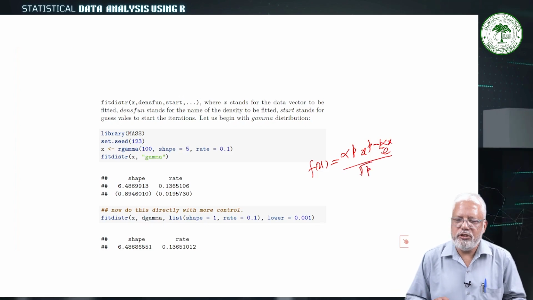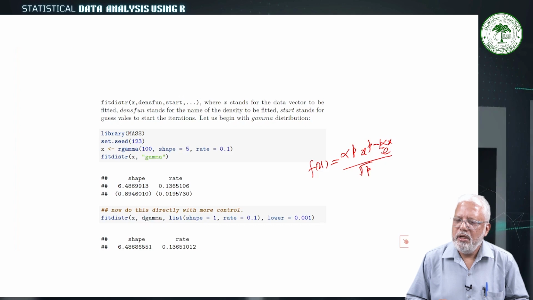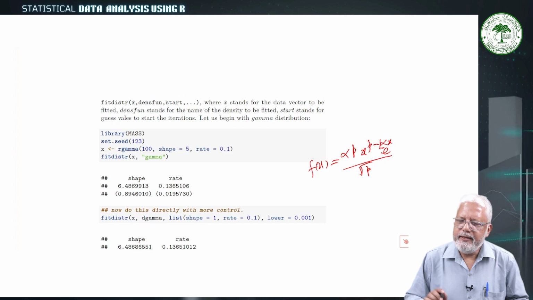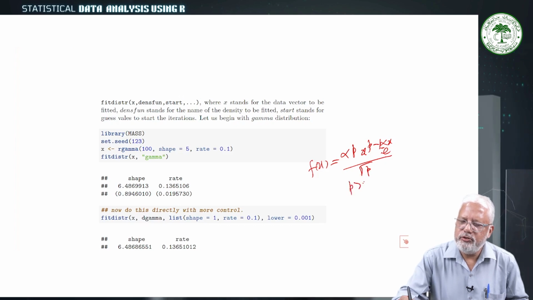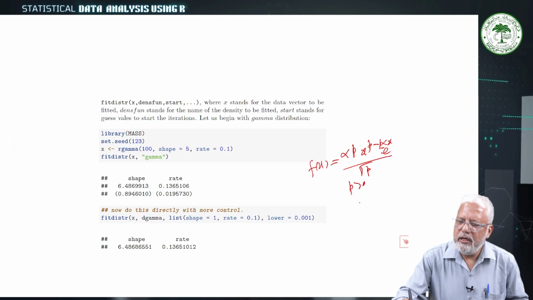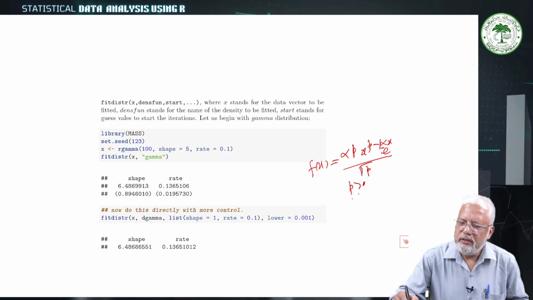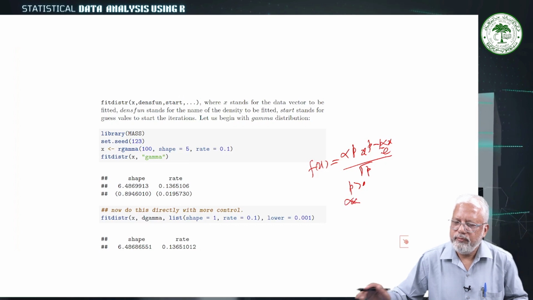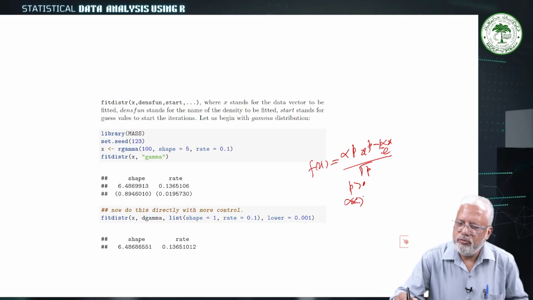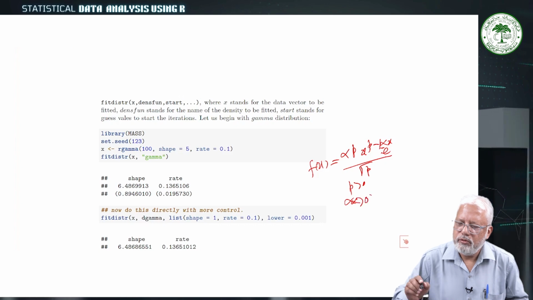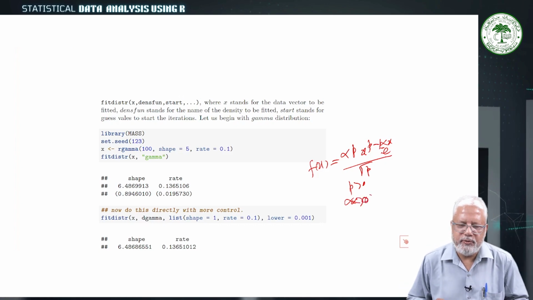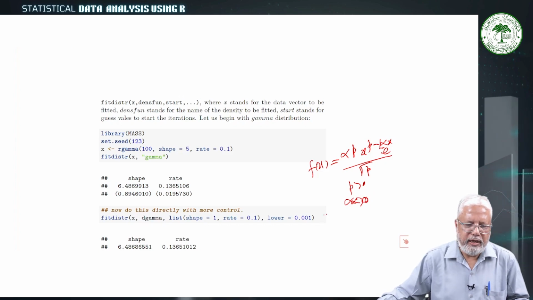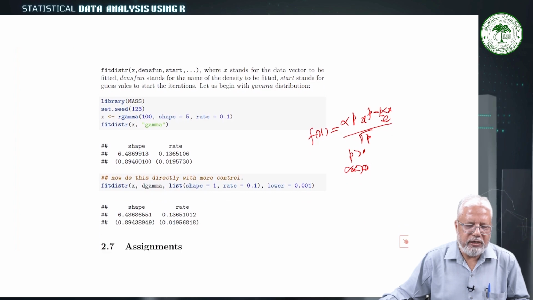So this is known as gamma distribution with shape p and rate alpha. Here we put a restriction that p is positive and alpha is positive. So that's why we are writing lower is equal to 0.001. And we are fitting this and we are getting the result.